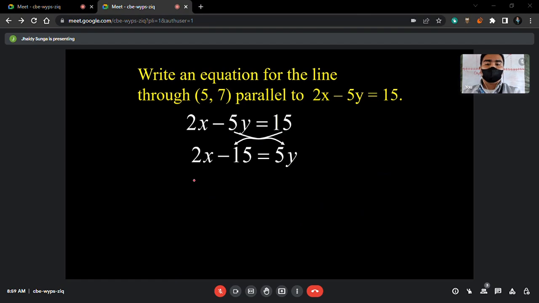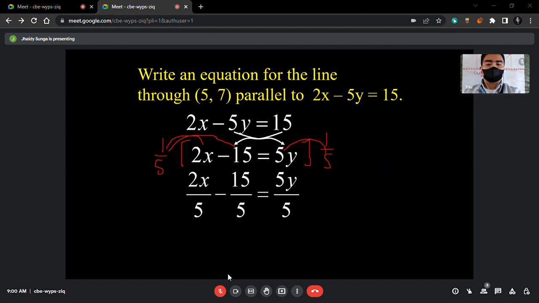Alright, so we are going to remove once again the 5. So we multiply by 1/5. We distribute the 1/5 to each part of the operation. So it became 5y over 5 is equal to 2x over 5 minus 15/5.